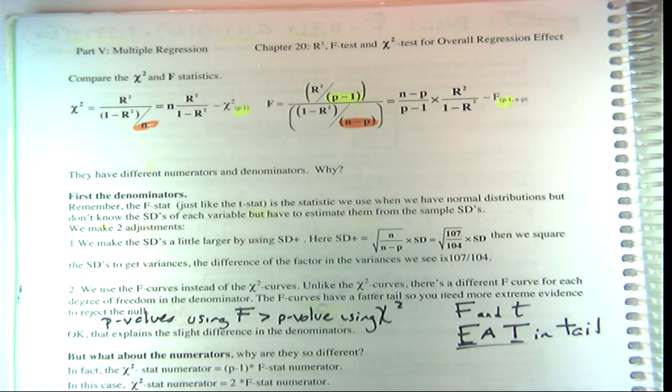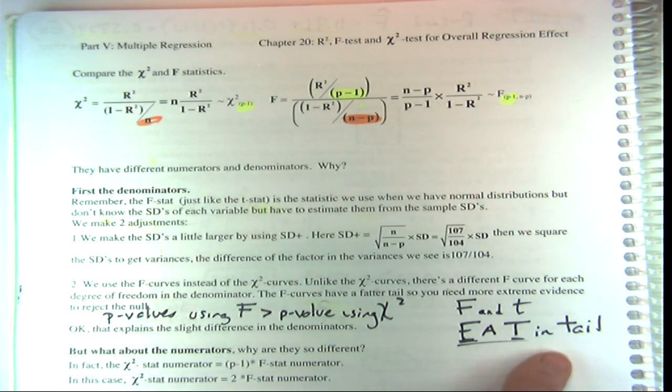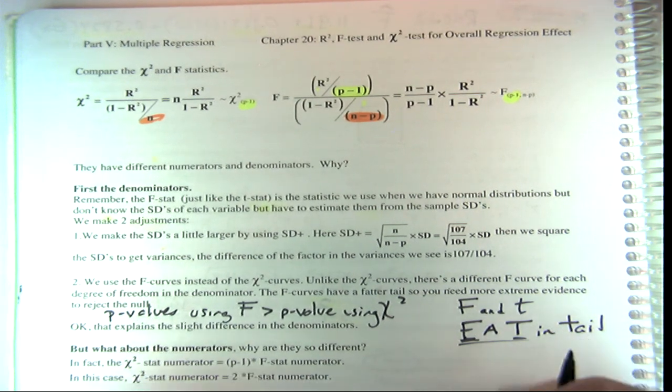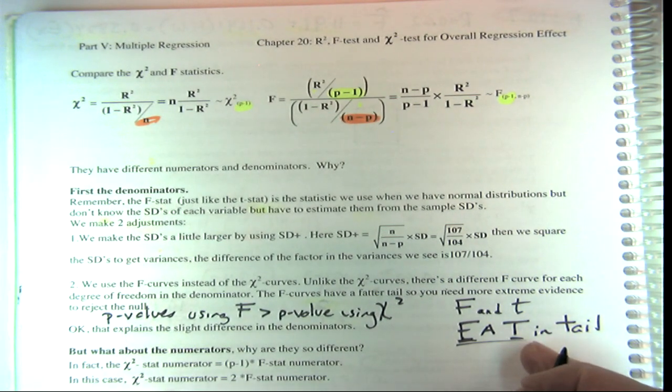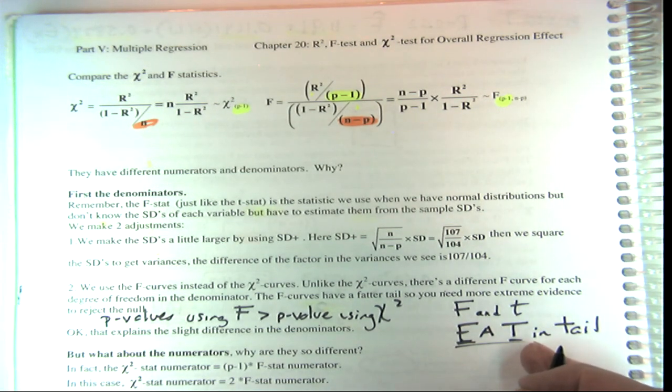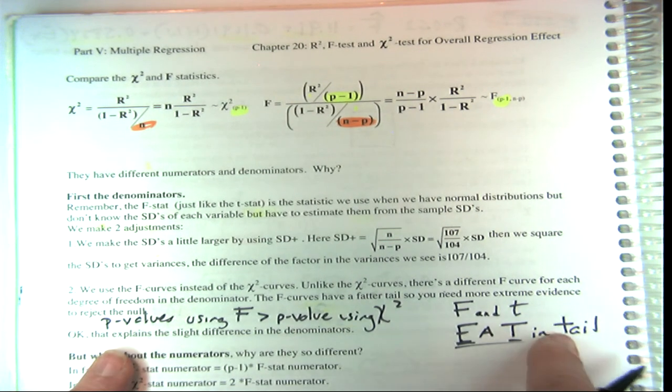You're measuring the area in the tail beyond us. So that's an easy way to remember it. That's why you need more extreme evidence to get that same little tail. You need to go farther out with an F and a t. Okay? Does that make sense?